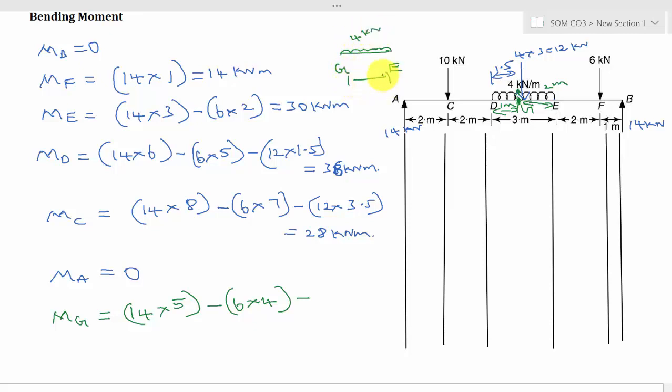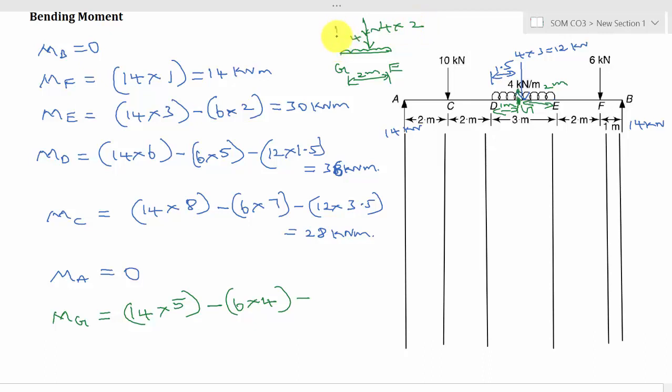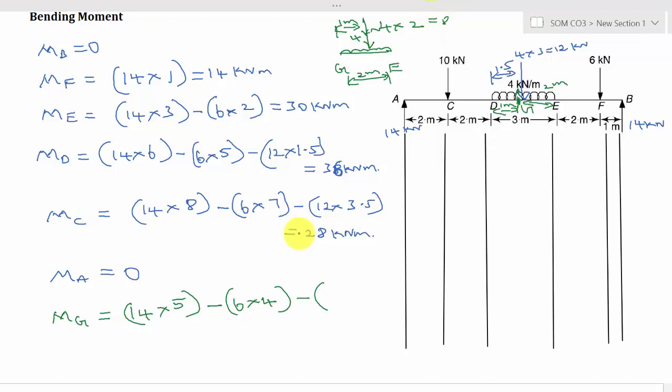The distance is 2 meter. Okay. So if I convert this into a point load, then it will be 4 into 2 and it will act at a distance of 1 meter from the G point. So it is 4 into 2 is 8, that is the magnitude.